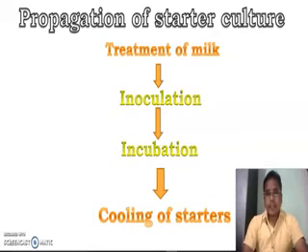So this is the process of inoculation. Inoculation is the addition of the starter culture, and generally 0.5 to 2% of the starter culture is added to the treated skim milk. And after the inoculation process, the next step is the incubation.